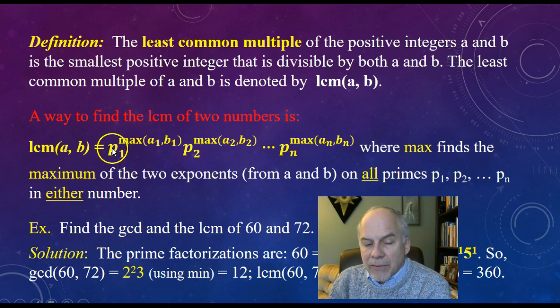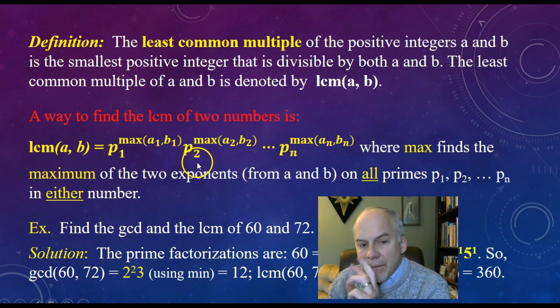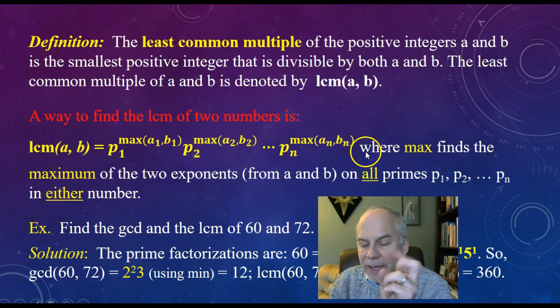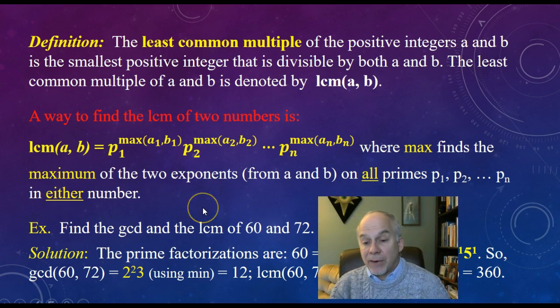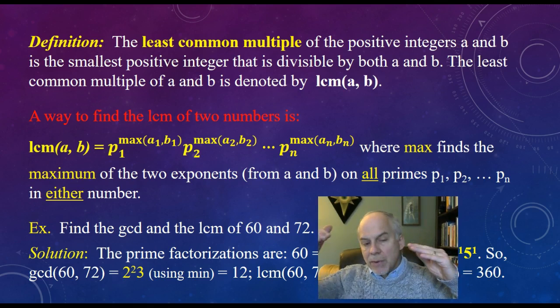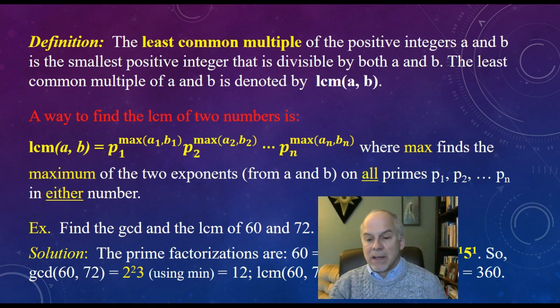So you take the first prime number to the maximum exponent that you find in A and B, then the second prime number to the maximum exponent, the third prime number to the maximum exponent, and this is done for all the primes that are in either number. Now that's important. You've got to include all the primes found in either number to the maximum exponent that they have in either number. But for the greatest common divisor, that was the minimum of the exponents of the primes in common.